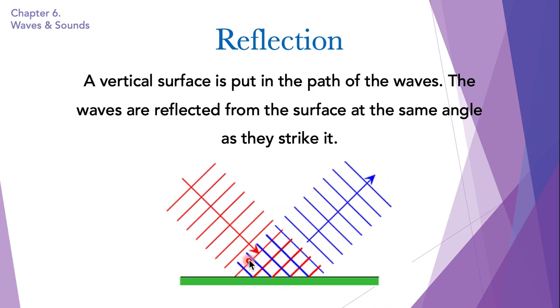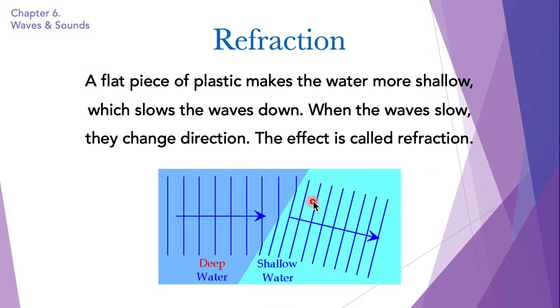The next effect the waves produce is refraction. A flat piece of plastic makes the water more shallow, which slows the waves down. When the waves slow, they change direction, and this effect is called refraction. So we have no object over here, it's just plain water.